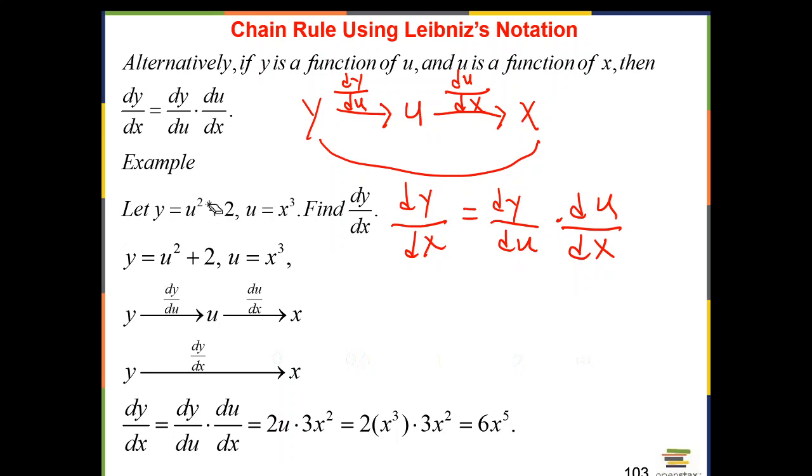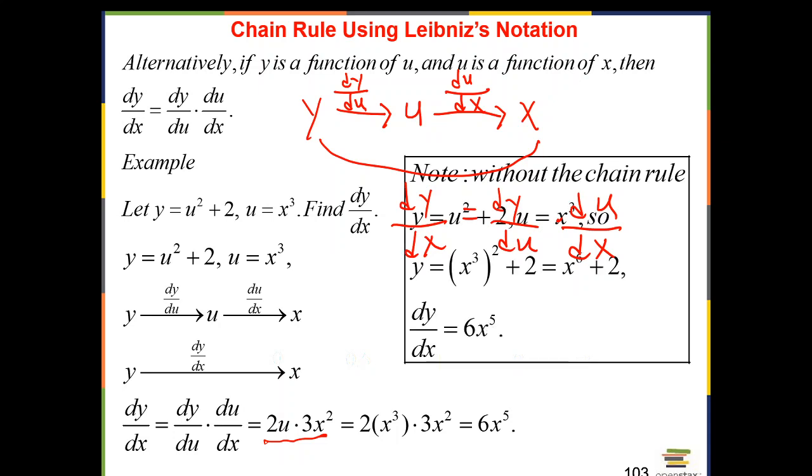Well, that would be 2u, and the derivative of that is 0. And then times, what's the derivative of that with respect to x? It would be 3x squared. That's the answer, but the answer, notice, is not in terms of x, but it has to be in terms of x. So what we do is substitute for that u, which is x to the third. And the answer is 6x to the fifth power.